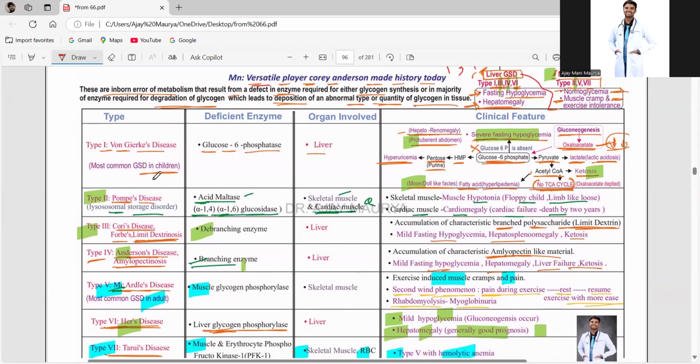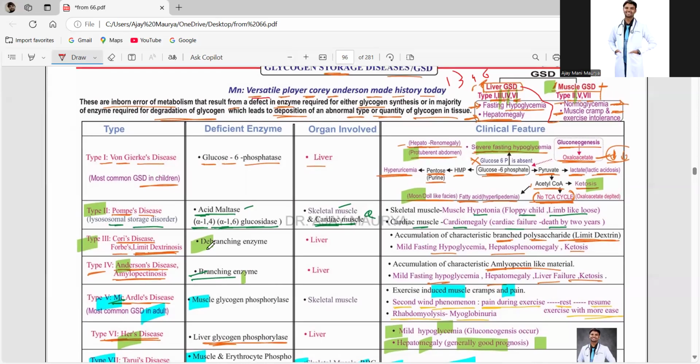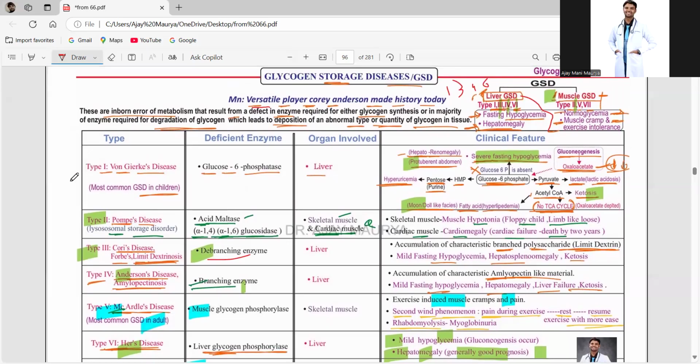For example, they may ask what the enzyme deficiency is in type 3. Type 3 is Cori's disease, a debranching enzyme deficiency. But most of the time they're going to ask type 1, the versatile V.